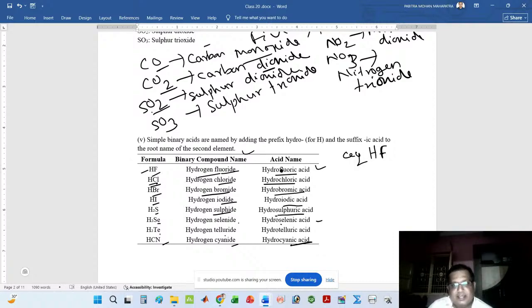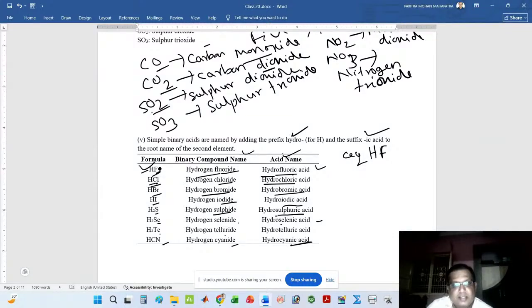For naming the acid, generally you use two words: hydro and ic. Hydro is used for hydrogen, and ic is used with the root name of the second element.